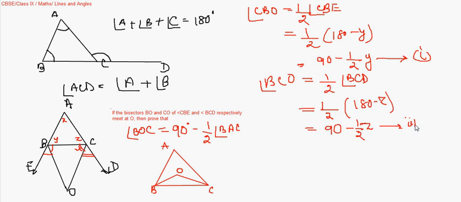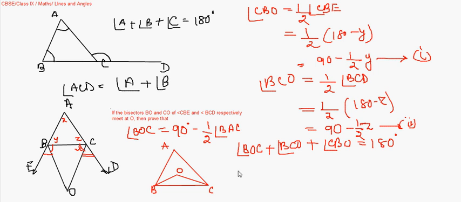This is equation number 2. Now this triangle which is formed, BOC, we have learned previously that the sum of all the angles of this triangle will be 180. So angle BOC plus angle BCO plus angle CBO is equal to 180 degrees.